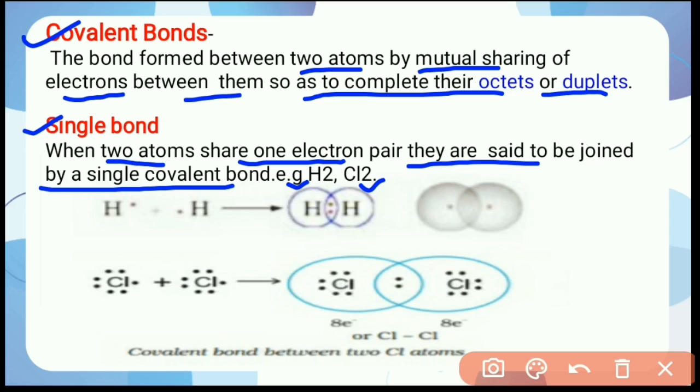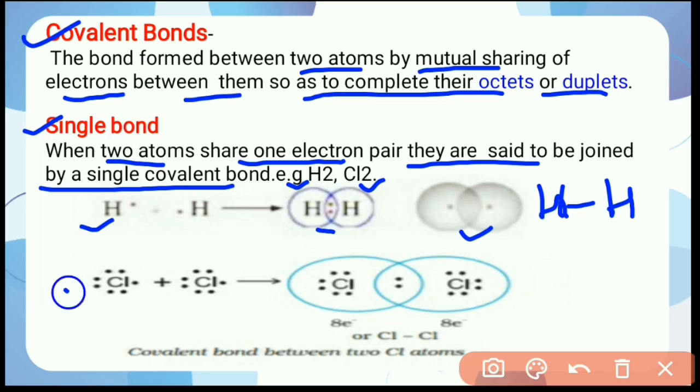So hydrogen, having only one electron, when one hydrogen atom combines with another hydrogen atom, they share one pair of electrons and form a covalent bond, complete two electrons in the valence shell, gain stability and form a single bond between two hydrogen atoms.